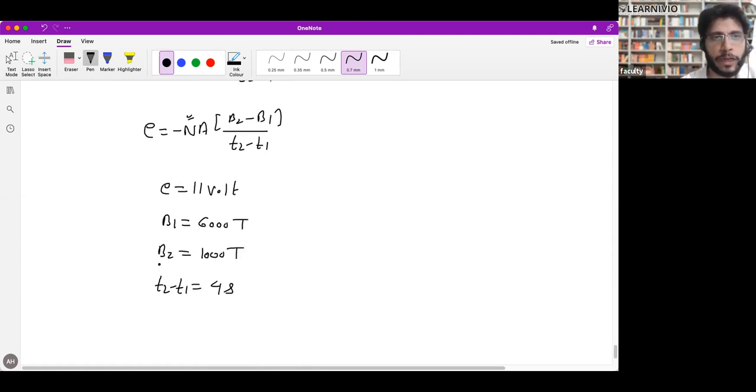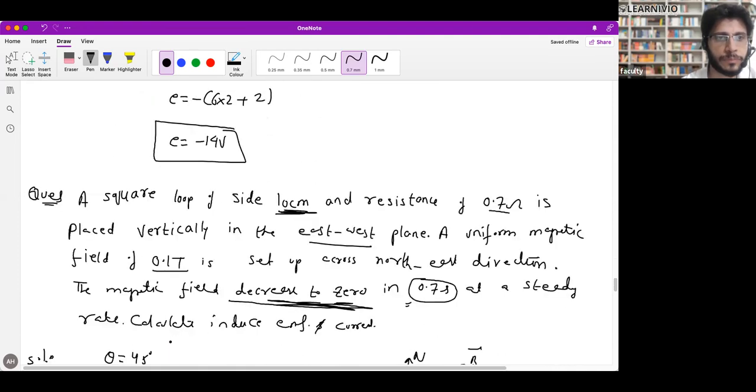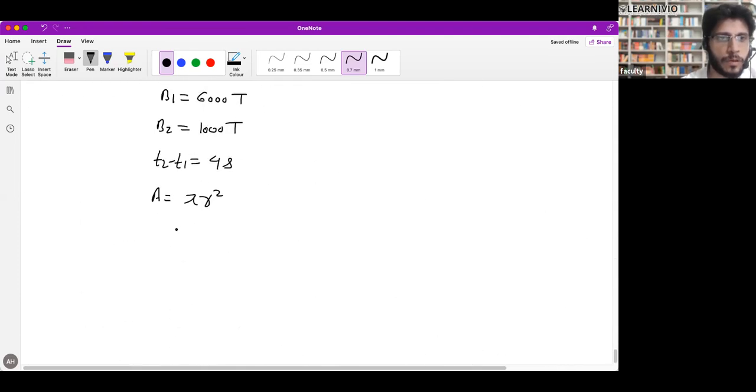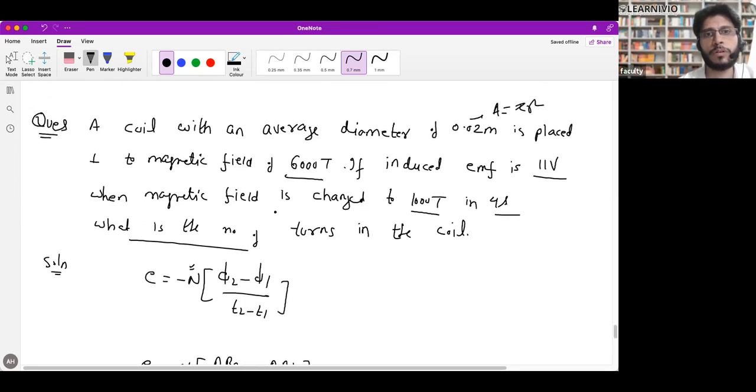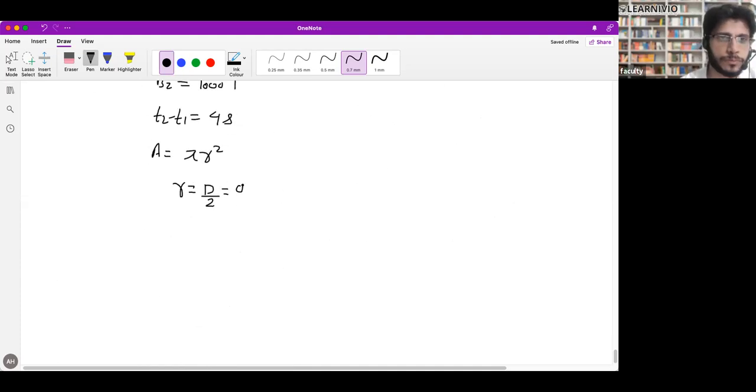So if you substitute, what is area? Area is pi r square. How much is the radius of the coil? The radius is half of the diameter. The diameter is 0.02, so the radius is 0.01 meter.